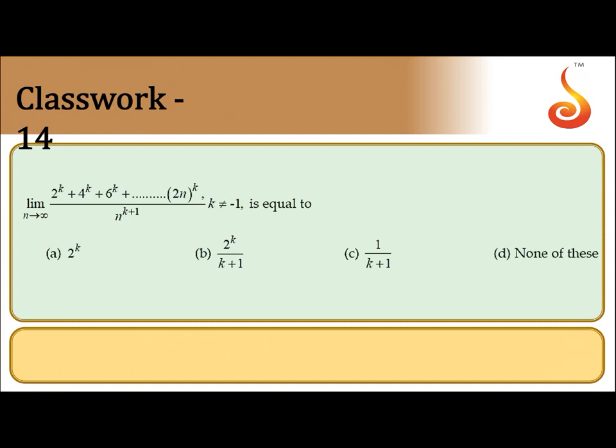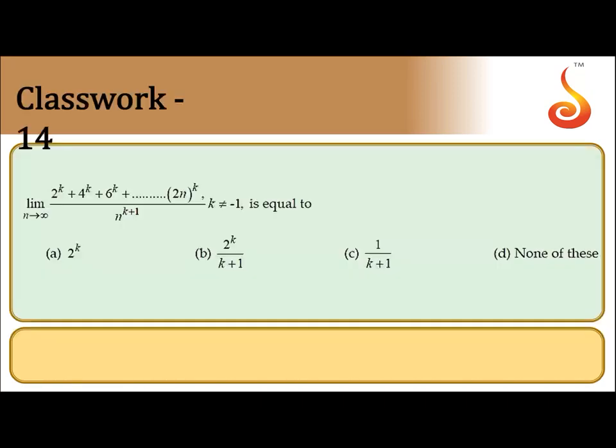Coming to the next one, yes. And this also has a simple formula. You remember this one: the limit as n tends to infinity of 1 by n sigma of n to the power of k divided by n to the power of k plus 1. The answer for this one is 1 by k plus 1. Remember it this way. It is very easy to simplify the problem.